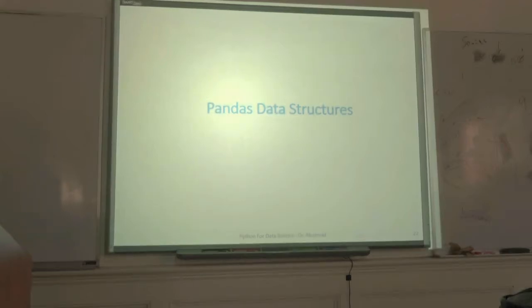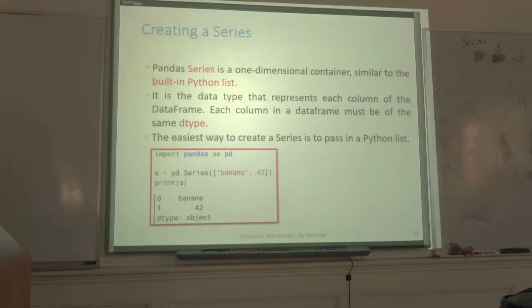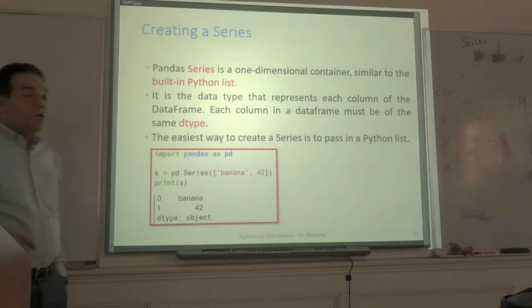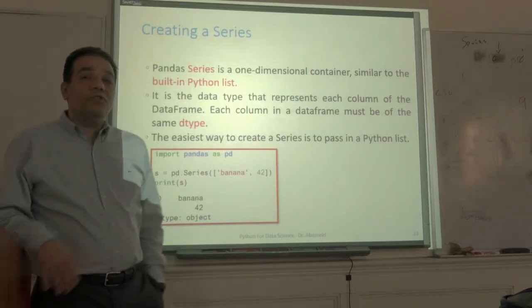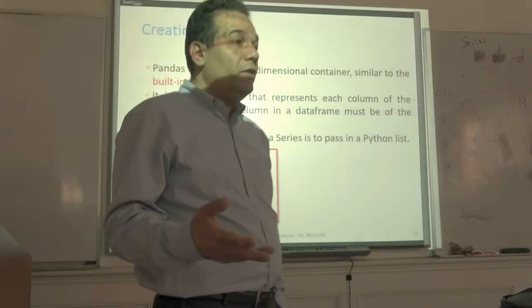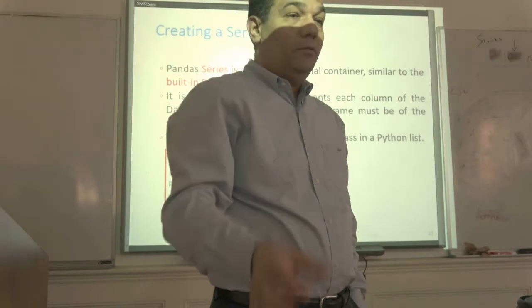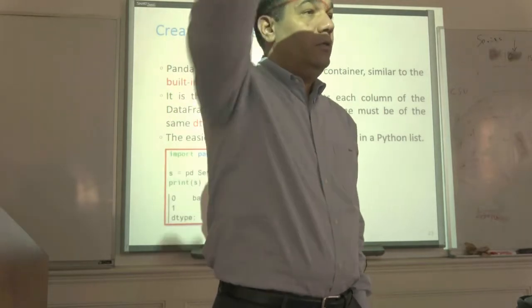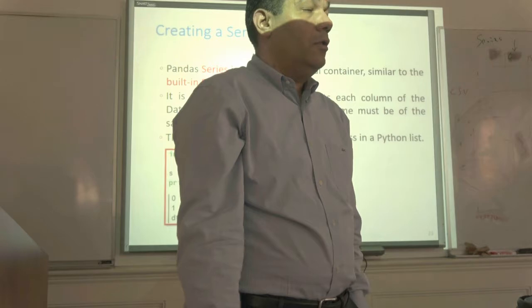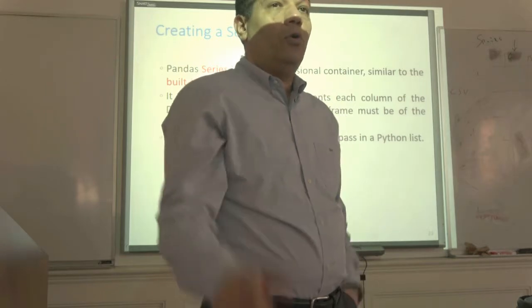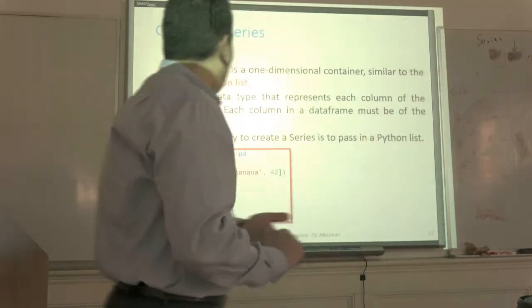So let's take a look at pandas data structures. When you work with pandas, you work with either a series or a data frame. A series is kind of one column, while a data frame is like a matrix.